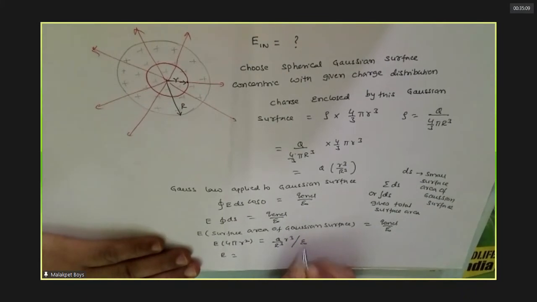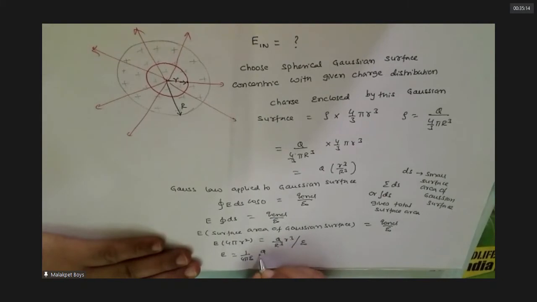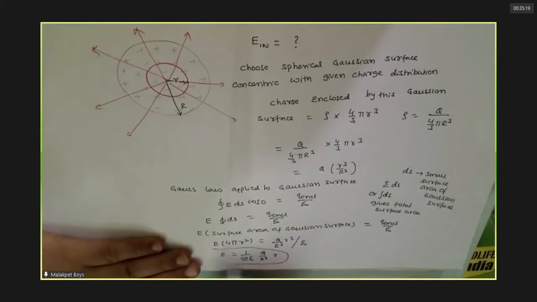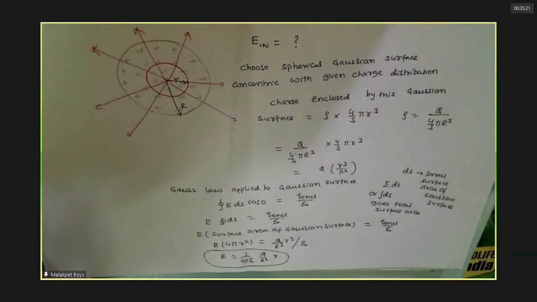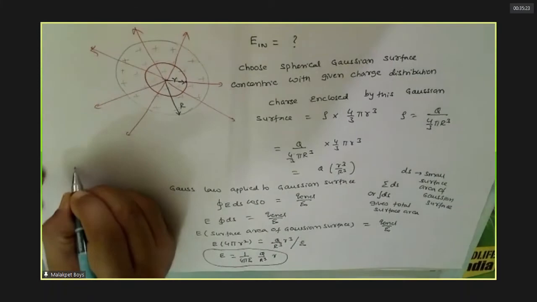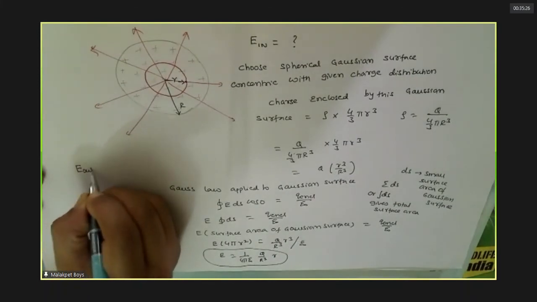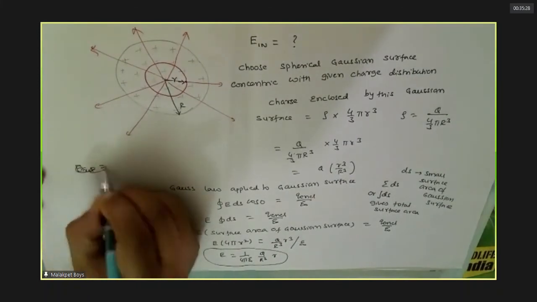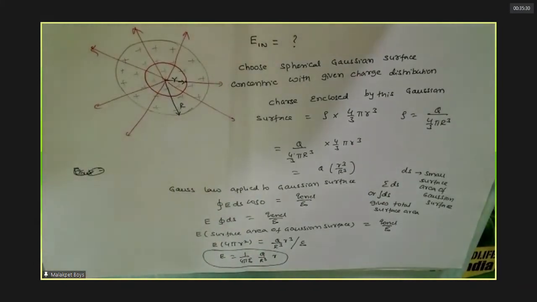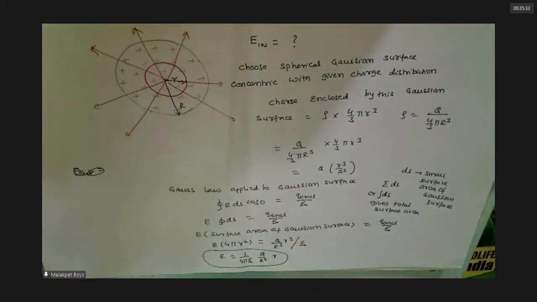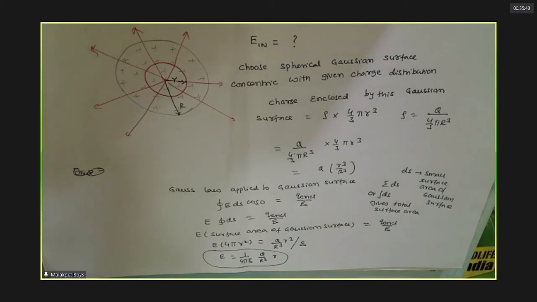Q by epsilon naught. You got the same thing previously, no? Same thing you got or not? So if you choose a proper Gaussian surface, you can find the electric field easily.